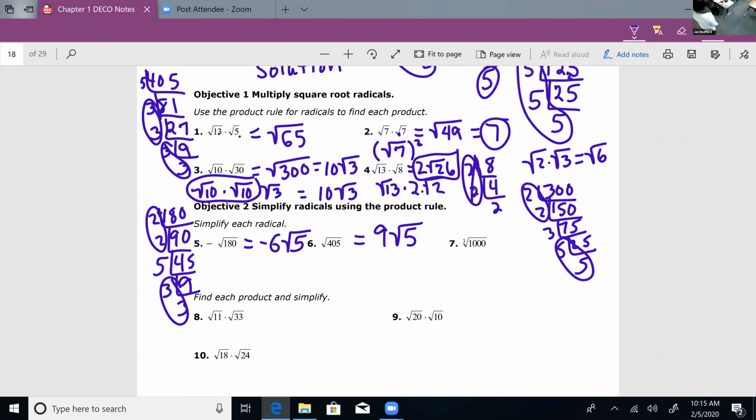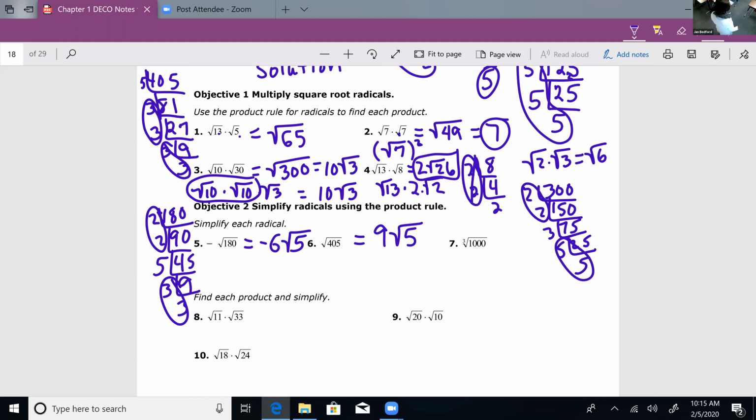Now, cube root of 1,000, that means I need some number multiplied times itself 3 times. The answer is 1,000. Do you know what it is? You might know what it is. If you didn't, you can still use the prime factorization. I will tell you that you're going to get 6 factors using prime factorization. You get 3 of one number and 3 of another number.